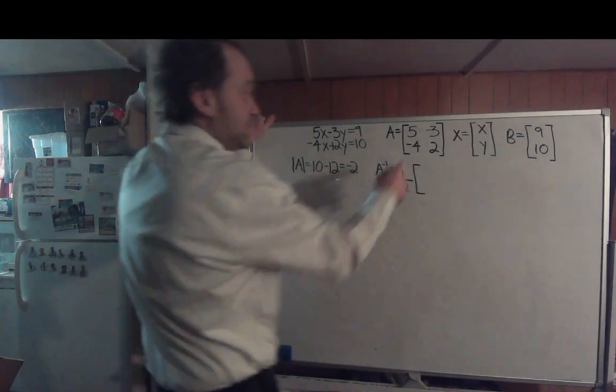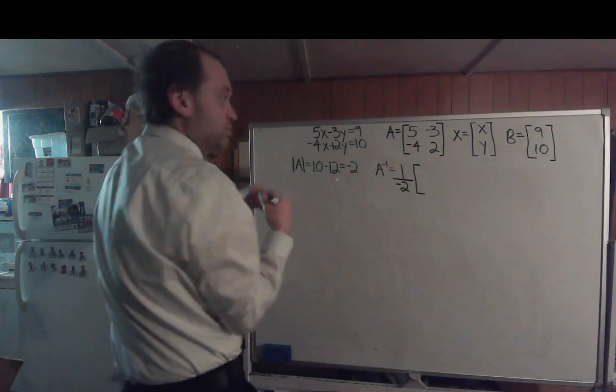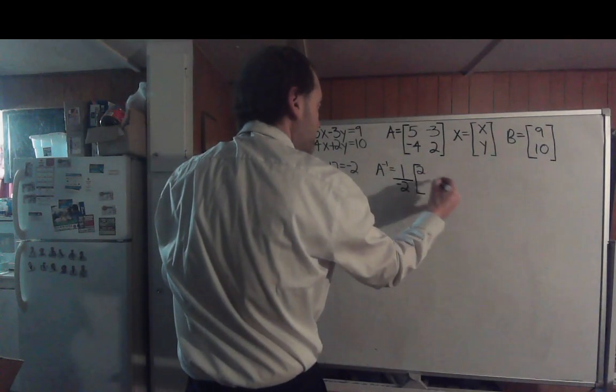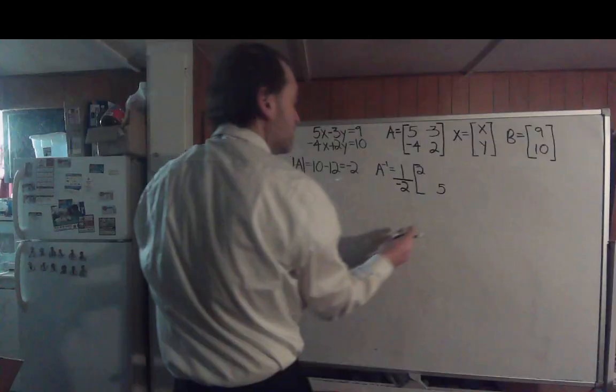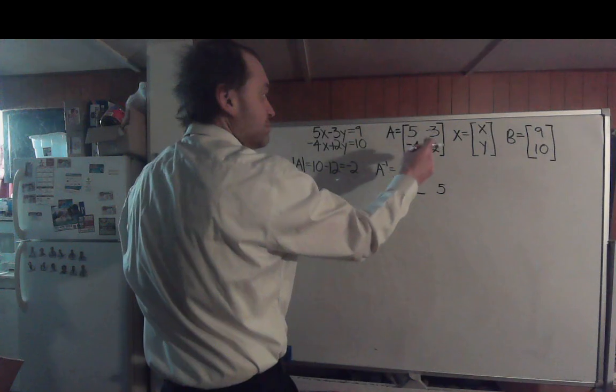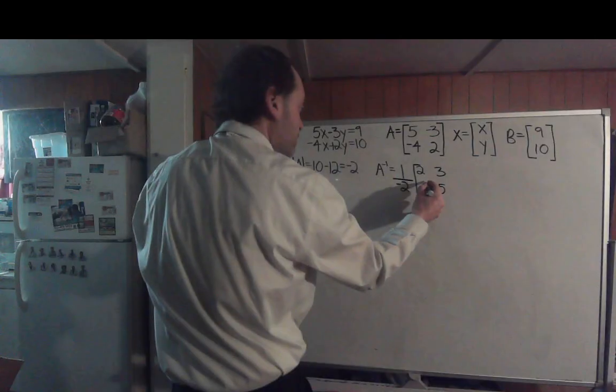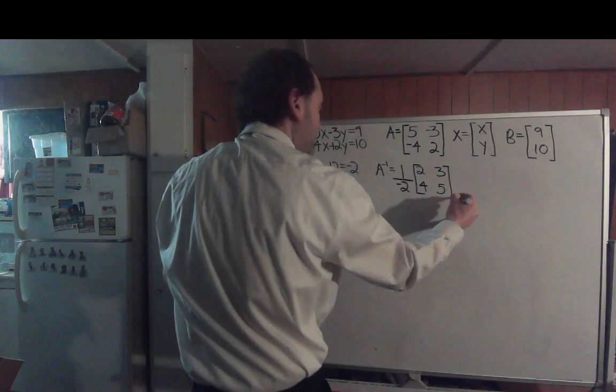Now, inside your matrix A, you need to take your A and D and switch places with those. So 2 would come up here, 5 would come down here. Keep your B and C coefficients in the same place, but negate them. So negative negative 3 turns into positive 3, negative negative 4 turns into positive 4.